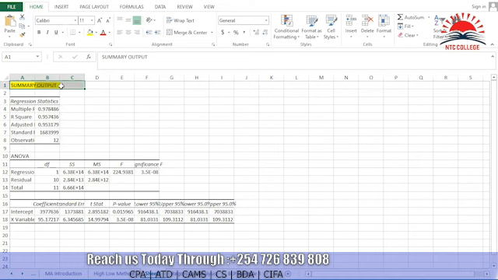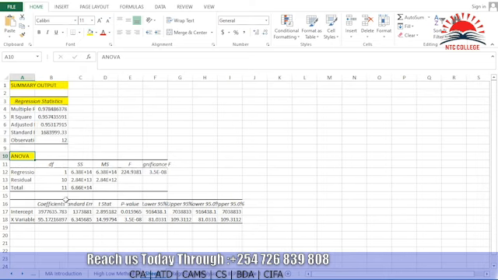A regression output or a regression result normally comprises three parts. One is what we call the regression statistics, followed by the ANOVA. And then lastly, we have what we call the coefficients. The coefficients are the same as the constants.